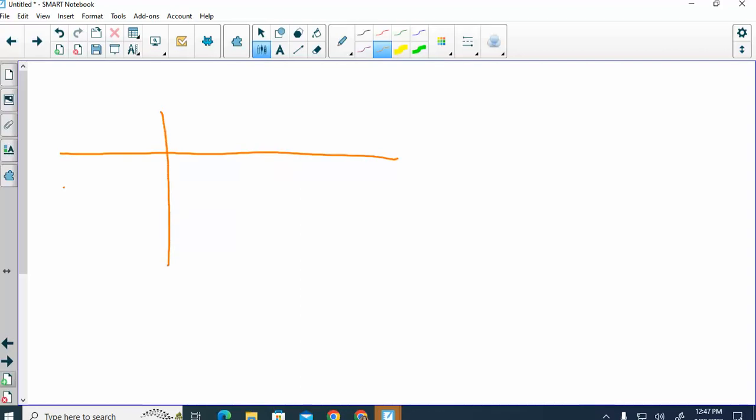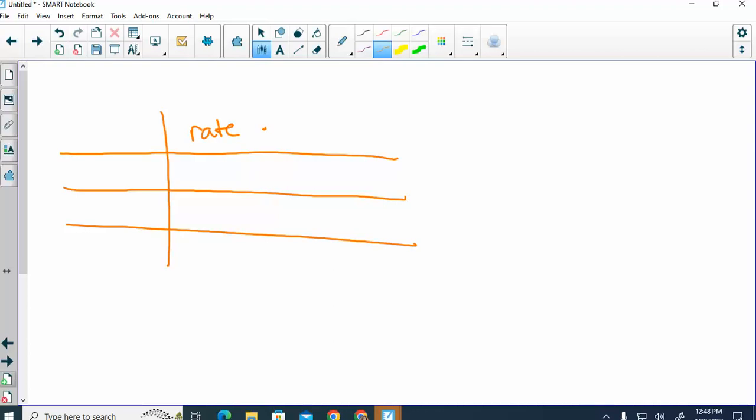When we make our table, what formula are we talking about in this instance? Remember on the distance problems? It was rate times time equals distance.